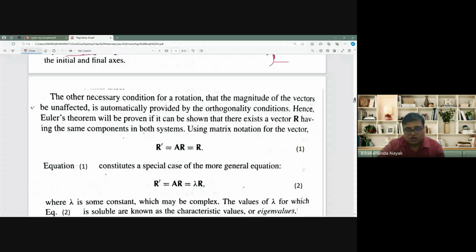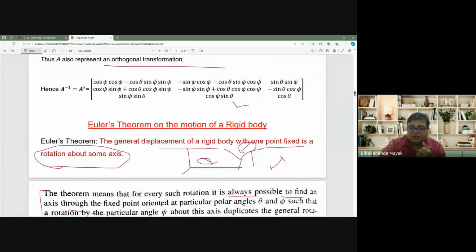The other necessary condition of rotation, that the magnitude of the vectors be unaffected, is automatically provided by the orthogonality condition. Hence, Euler's theorem will be proven if we can show that there exists a vector R with the same components in both systems. So this A represents a rotation.